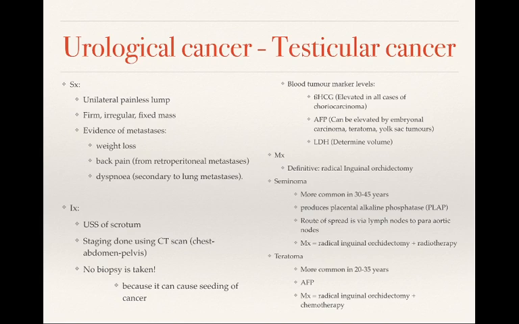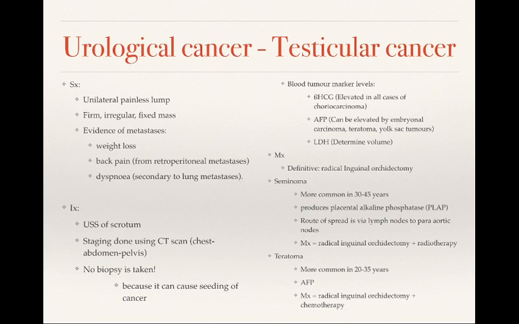Regarding management, the definitive management for testicular cancer is radical inguinal orchidectomy. I'm now only going to concentrate on two types because they're the most common ones, seminoma and teratoma. Seminomas are seen mostly in patients between the ages of 30 to 45 years. They produce placental alkaline phosphatase, and the route of spread is via lymph nodes to para-aortic nodes.